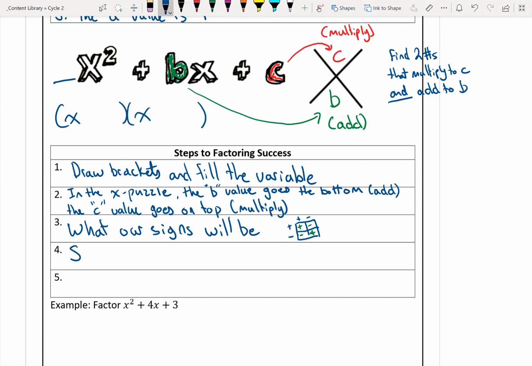So with your X puzzle, once you find your two numbers, you solve the X puzzle and you place the answers in the brackets. So once you find those two numbers, they go into the brackets, one in each one.